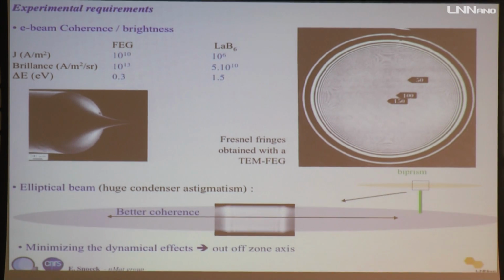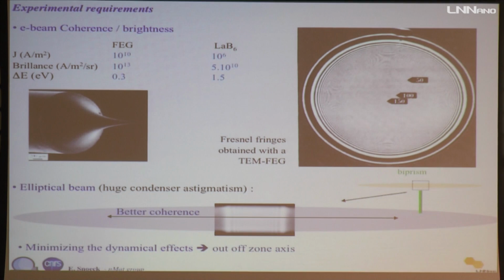One also important thing is that when you are making electron holography, you want to measure the phase shift of the electron beam after interacting with the field you are interested in. You have additional phase shift that occurs when the electron is interacting with crystalline materials.